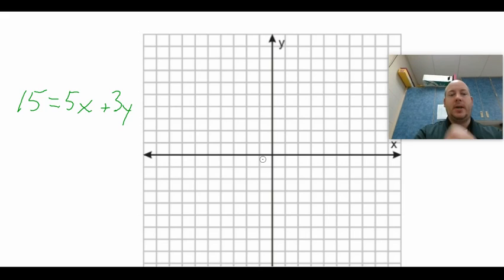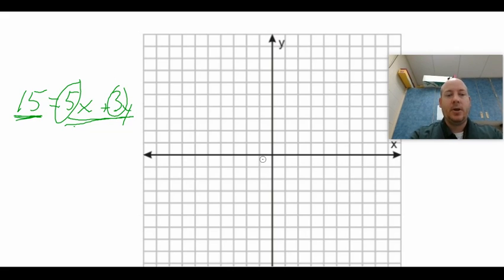Standard form simply means that you have both the x and the y on the same side of the equation. You can rewrite it that way if you need to, but it works best in that form. The other thing that usually makes it pretty easy mental math is if your coefficients, the numbers in front of your variables, are factors of the other number on the other side of the equal sign. In this case 5 and 3 both go into 15. So that tells me it's going to be an easy thing to graph using the x and y intercepts.